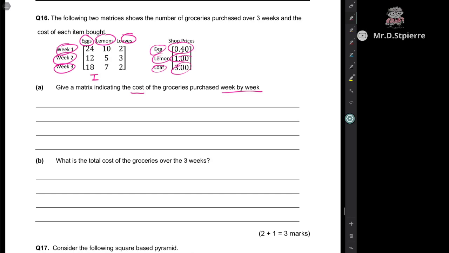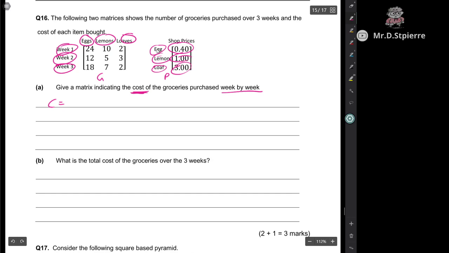Let's call this matrix G for groceries, P for prices, and we want to find the cost.